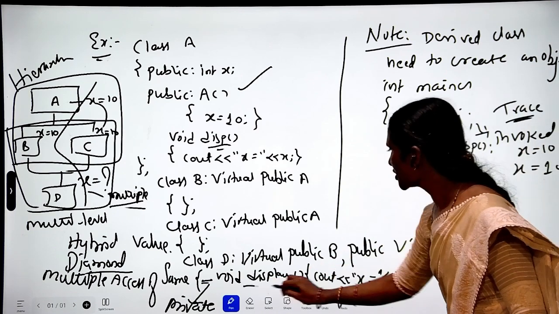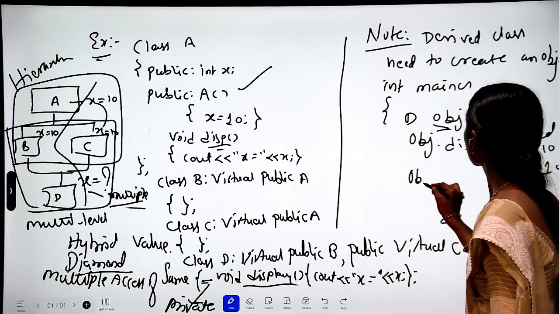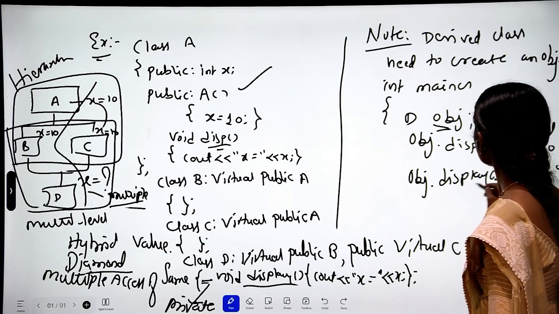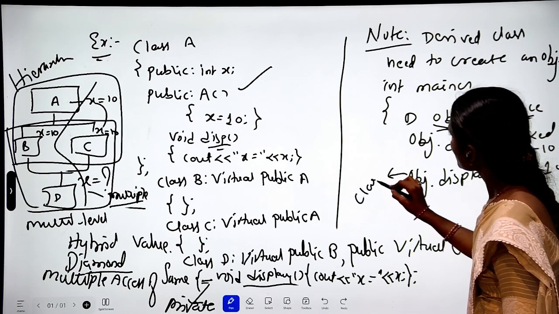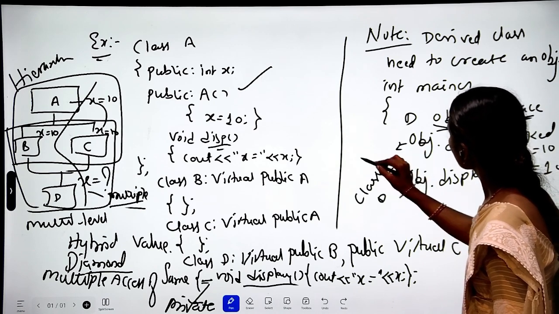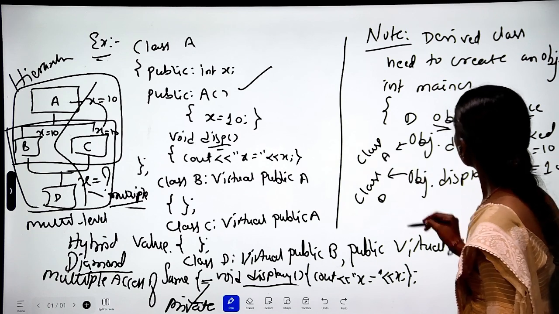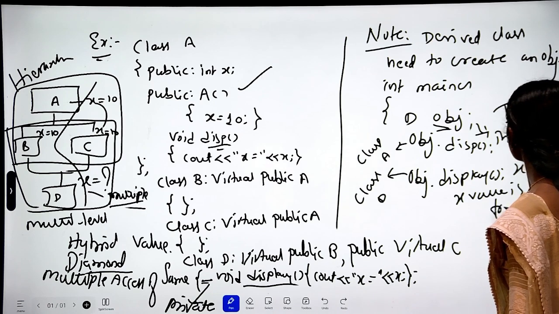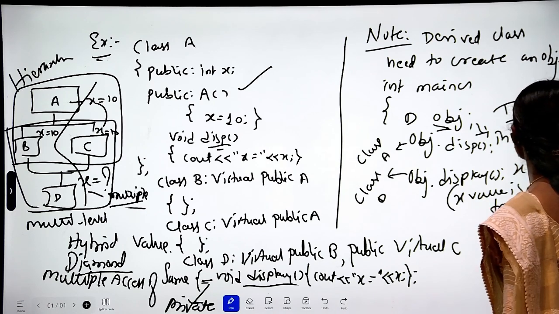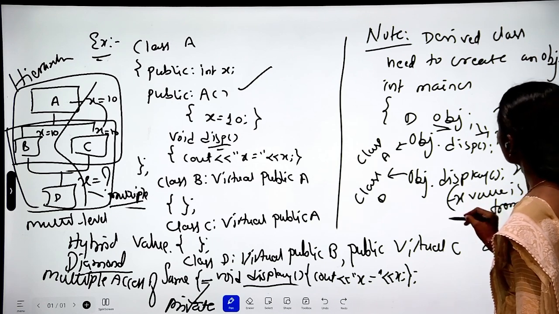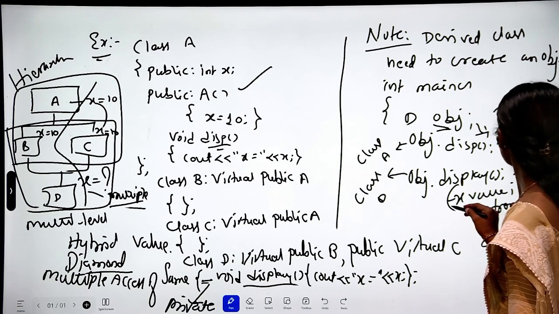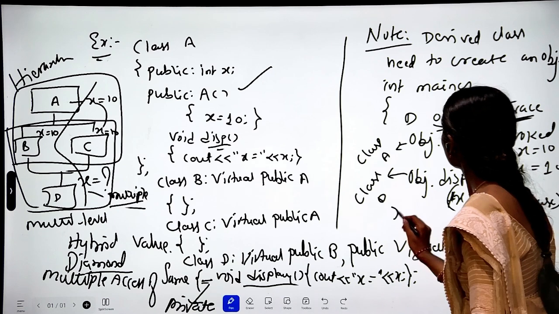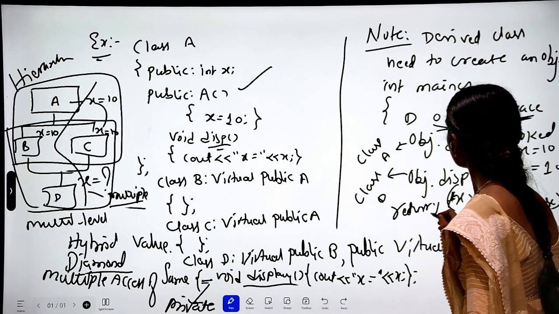Next, one more method is there, where you use object dot display. Now it is from class D, and this is from class A, and the x value is from this. I can give a comment line for that. Since main is an integer function, you have to say return 0.